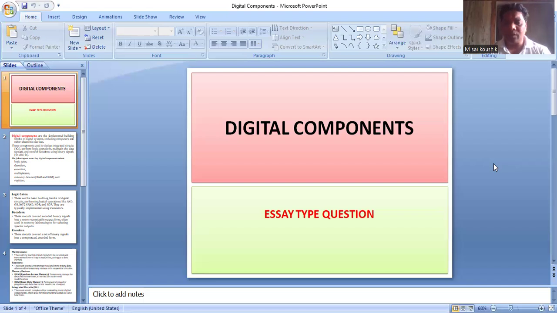So one simple piece of data depends on various kinds of blocks, and those blocks are called components. Each block will be controlled and managed by some kind of components.